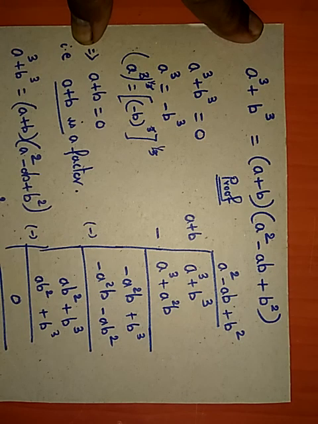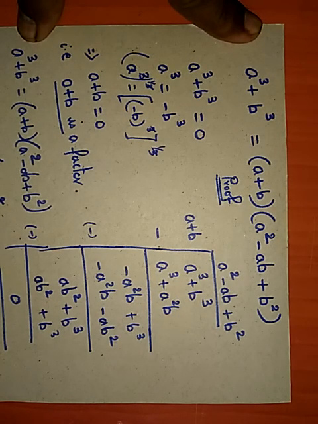So plus a square b, minus ab square, plus b cube. So minus a square b plus a square b gets cancelled. Plus ab square and minus ab square gets cancelled, and you will be having a cube plus b cube. So this is verification of the formula.